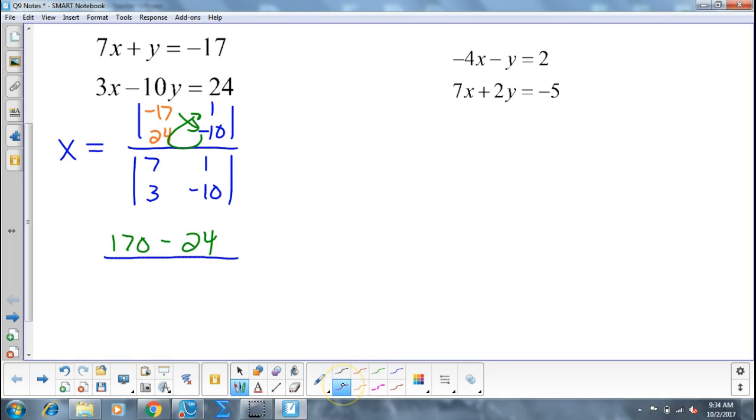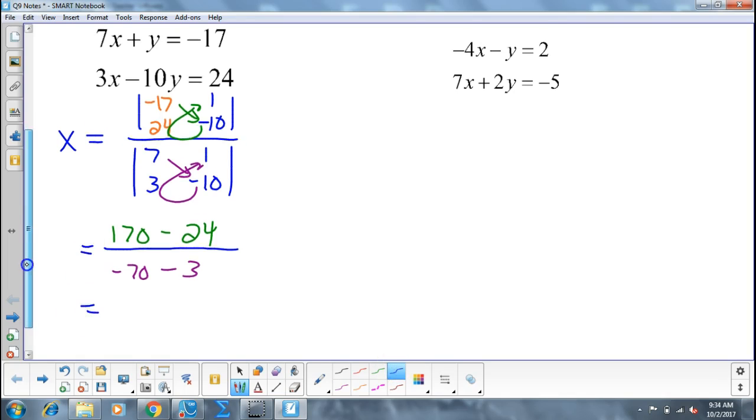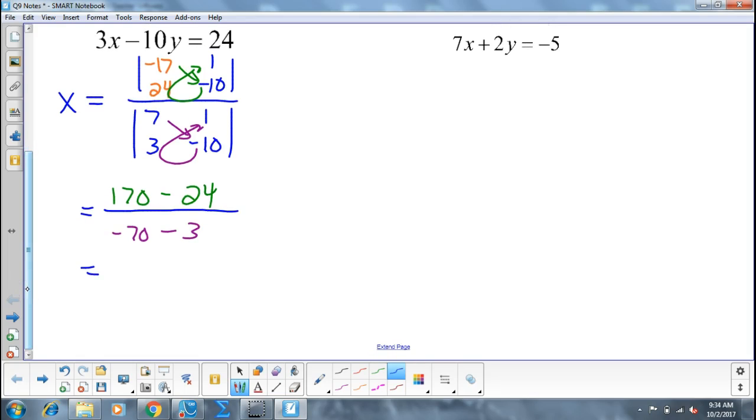Same thing on the bottom, multiply those two together, that's negative 70, and then subtract those two when multiplied together, so that gets me minus 3. So that would become 146 on top and negative 73 on the bottom. So that tells me that x is negative 2.